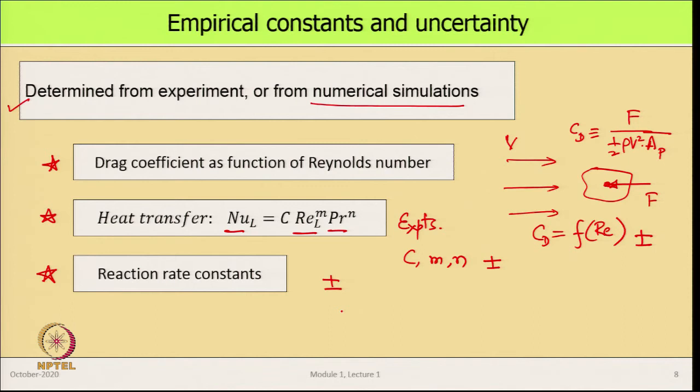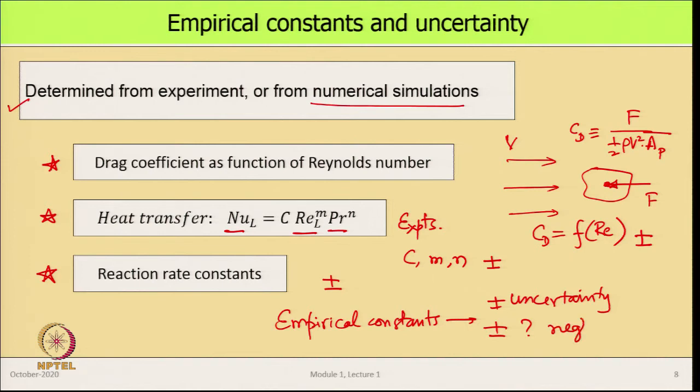So, that is what we mean by empirical constants. They have uncertainty associated with them, and depending on the problem, we may or may not neglect it.